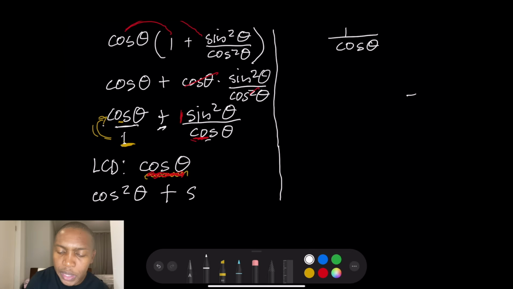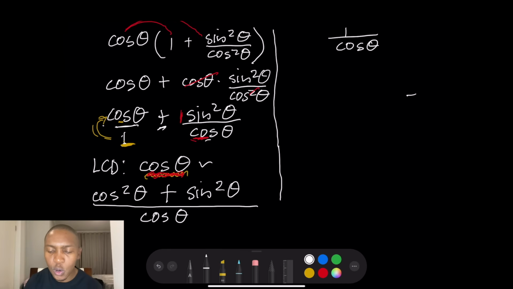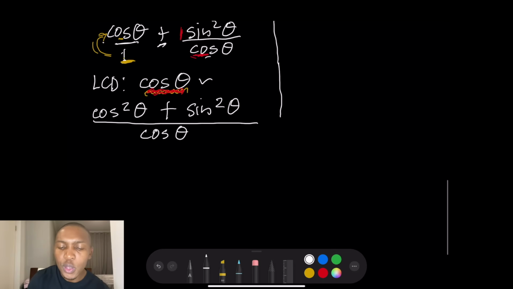You can see how that will give me sine squared of theta. And obviously all of this will be divided by my LCD, which is cos of theta. Right, now you can see that identity there. Cos squared of theta plus sine squared of theta, of course, that changes into 1, and that is divided by cos of theta.